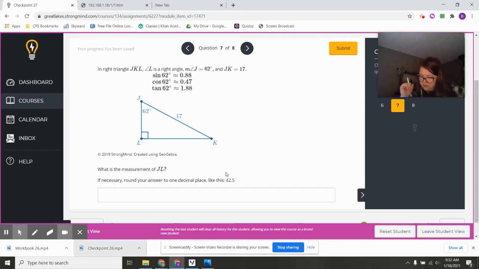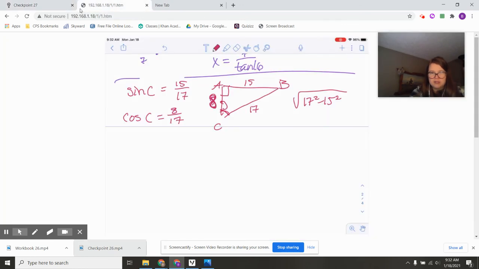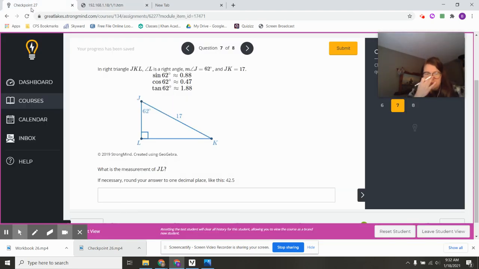Okay, so 17, and that's 62. So let's see. Did I even show the last thing? I did. I got 8. Oh, and then we had the cosine, then we did this one. Okay, good. Coming back here. So we want JL.